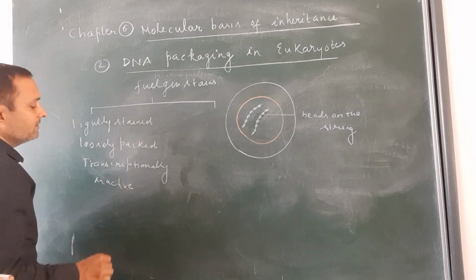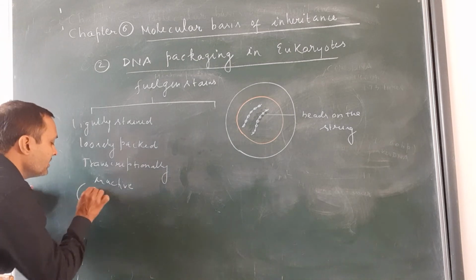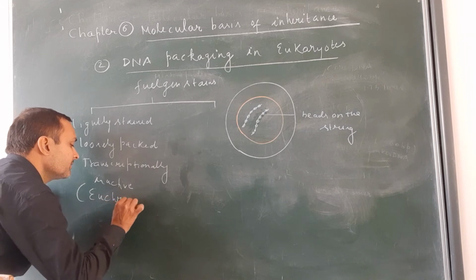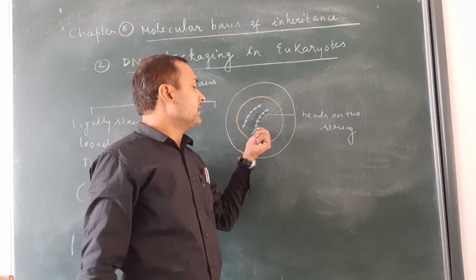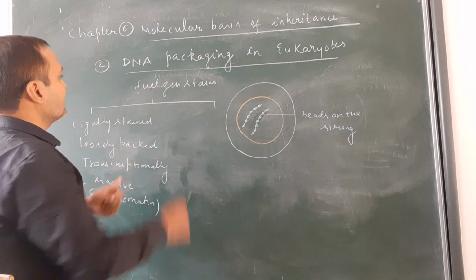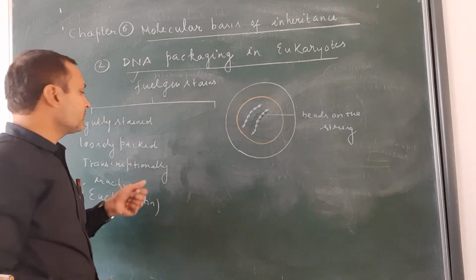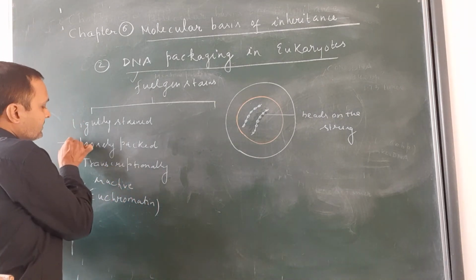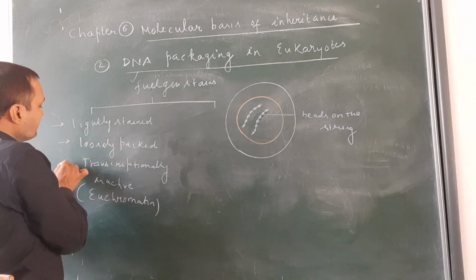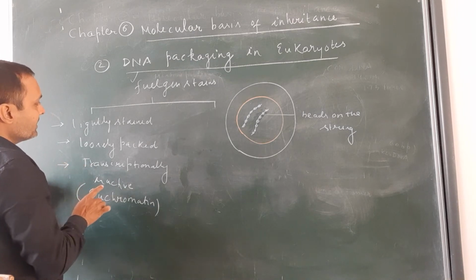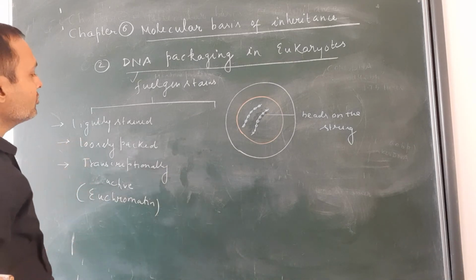This type of chromatin is known as euchromatin. So once again, when the chromatin is stained, you will find two types of chromatin inside the cell. The first one is loosely packed, lightly stained and transcriptionally active, known as euchromatin.